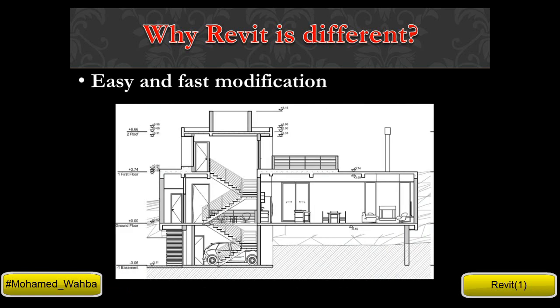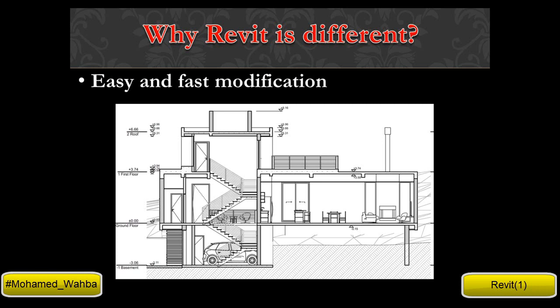Third, everyone can edit his structure or find a mistake in his structure. For example, after drawing my structure in AutoCAD, when I forget to draw something, or when I want to edit the position or location of a beam or a door or anything else, we have to imagine this modification in all the views that we've made.